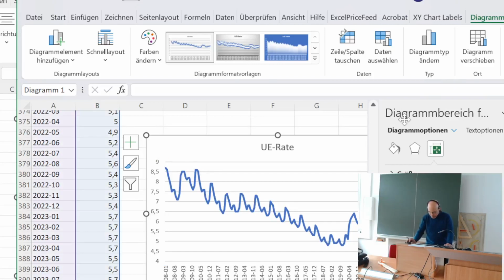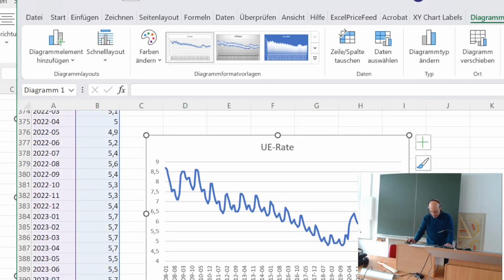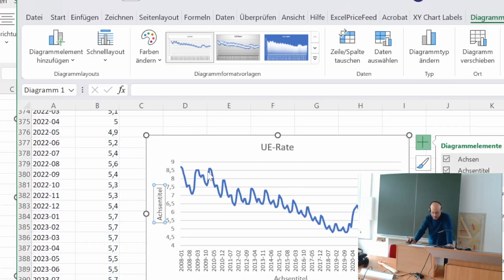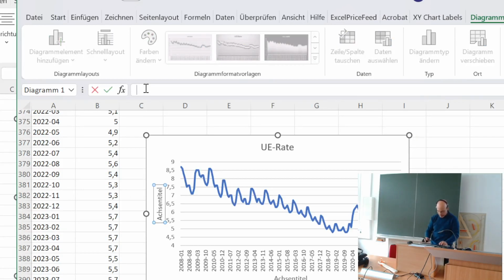And also in this case, please make sure that you write the right things on the axis. First time it was absolute numbers, then it's okay. But here, of course, we have to put the percentage rate on the vertical axis.